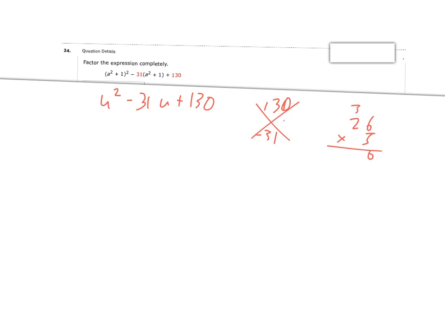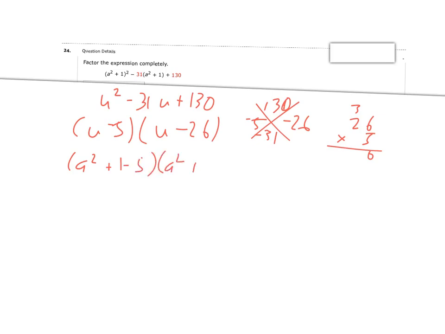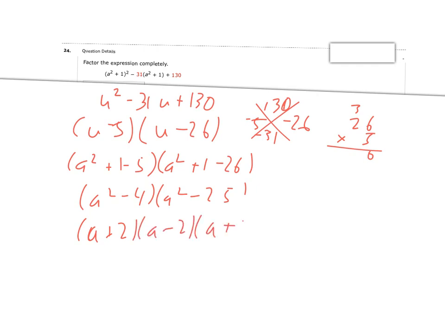Yeah. Okay, negative 26, negative 5. So u minus 5, u minus 26, which is actually a squared plus 1 minus 5, and then a squared plus 1 minus 26. So a squared minus 4, a squared minus 25, a plus 2, a minus 2, a plus 5, a minus 5.